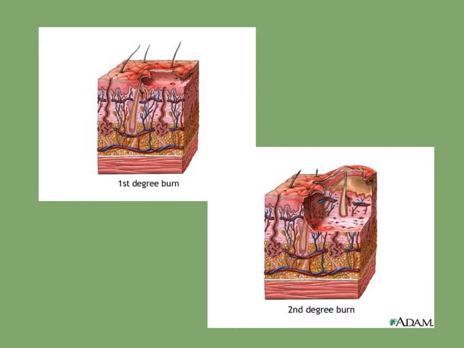Here, the tiny little dark layer on the top is the epidermis, and then we've got our dermis, and then you can see the fat here for the subcutaneous or hypodermic layer, and down on the bottom we have the muscles. So in the first degree burn, you can see that we are only damaging the very top layer, just the epidermis.